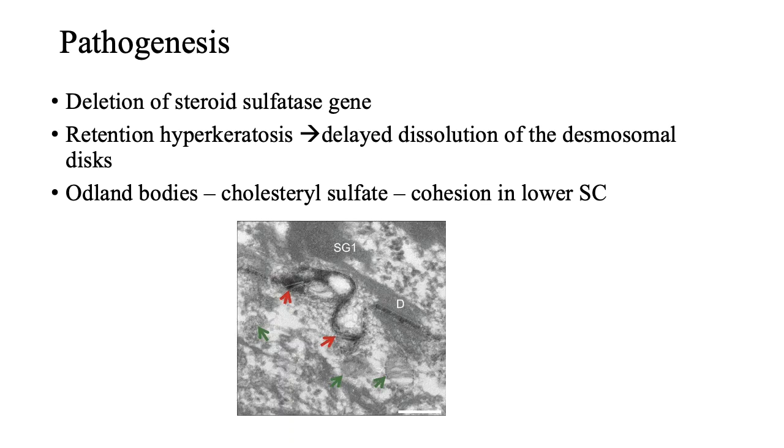These Odland bodies in electron microscopy show lamellation as shown by the green arrows. So for this feature, these Odland bodies are also known as lamellar bodies. In this X-linked ichthyosis, deletion of this steroid sulfatase gene causes retention hyperkeratosis.